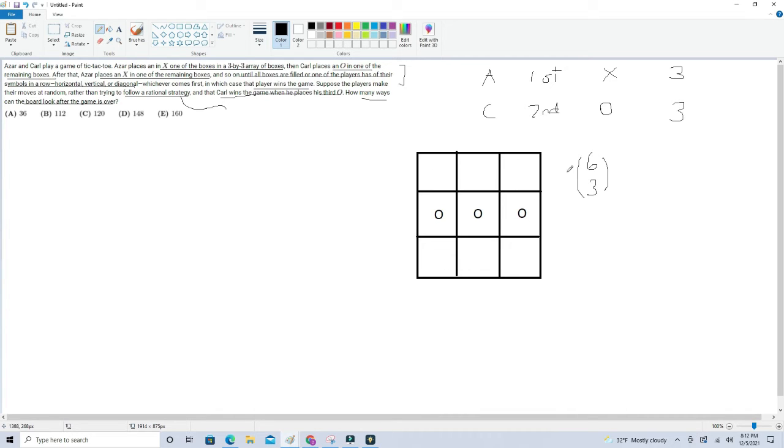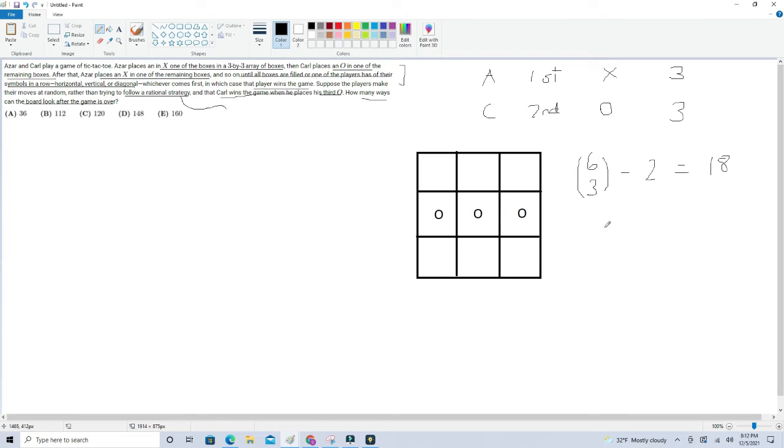However, we have to subtract the cases where it looks like Azar has won, and there are only 2 such cases: if Azar gets the top row or Azar gets the bottom row. So it becomes 6 choose 3 minus 2. Now doing some quick math, we get that 6 choose 3 is simply 20, and 20 minus 2 is 18.